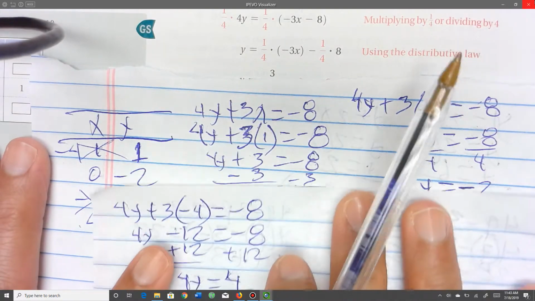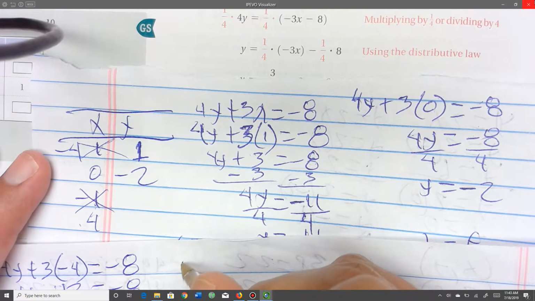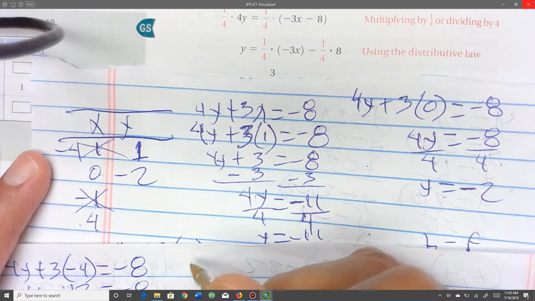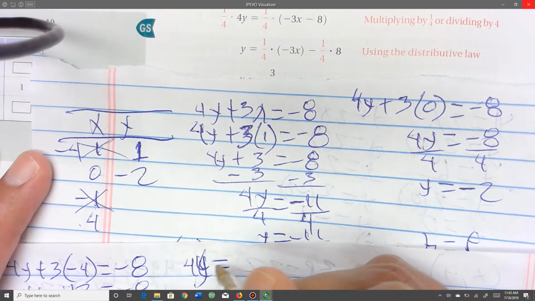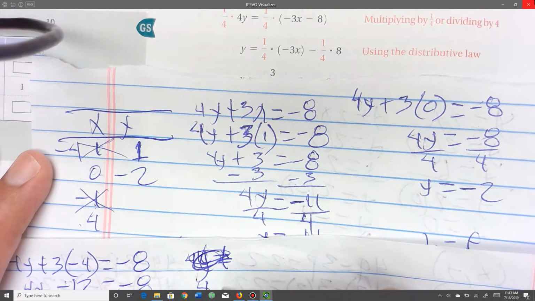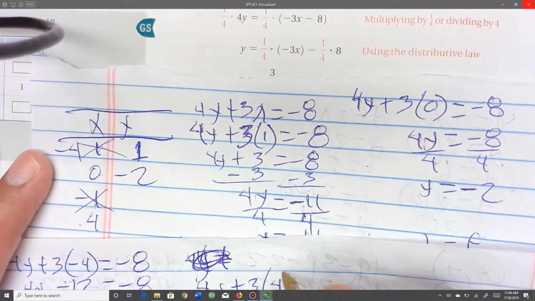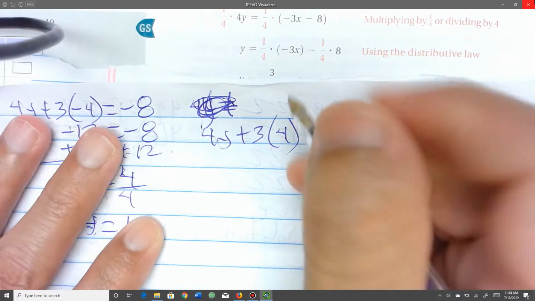What about when x equals 4? Let me just rewrite the equation here. Oops, that's plus. Well, I messed it up. 4y plus 3 times 4, positive 4 this time. Alright, so let's go ahead and work it out.